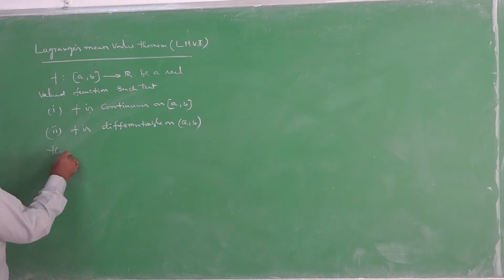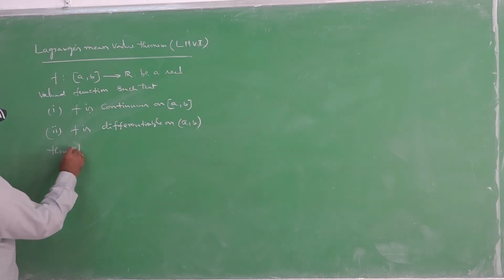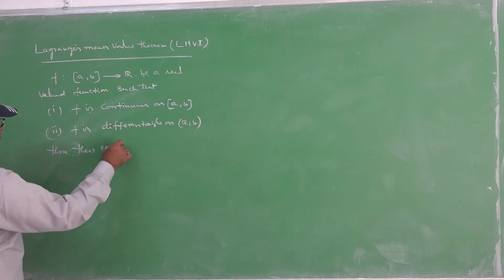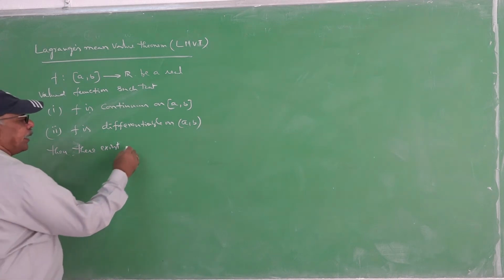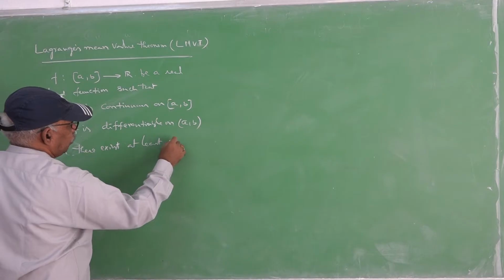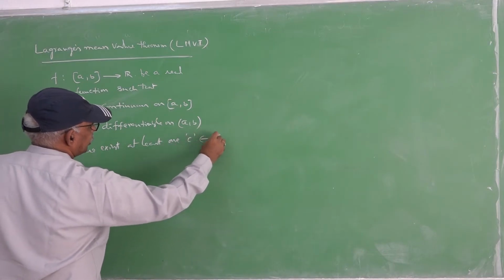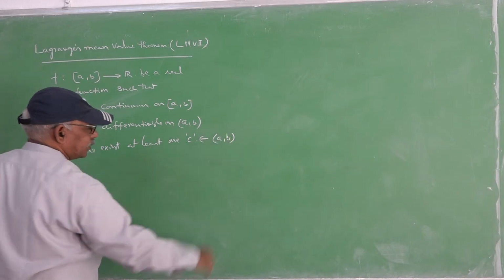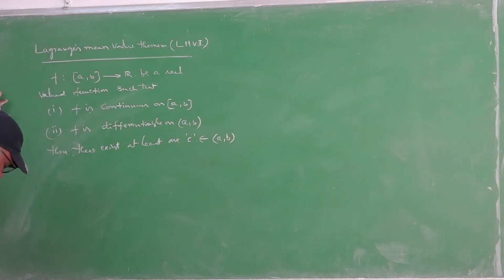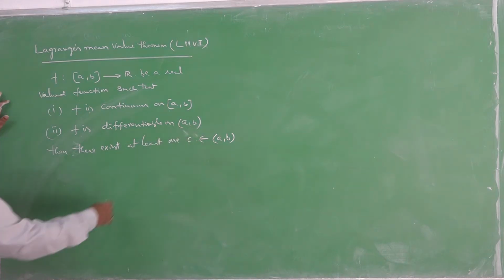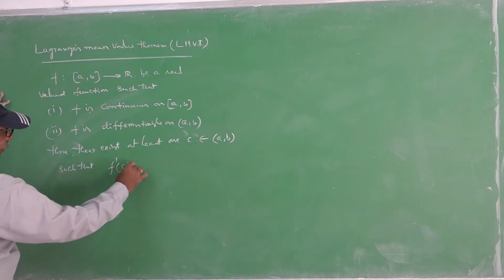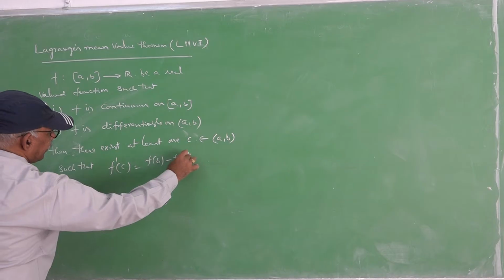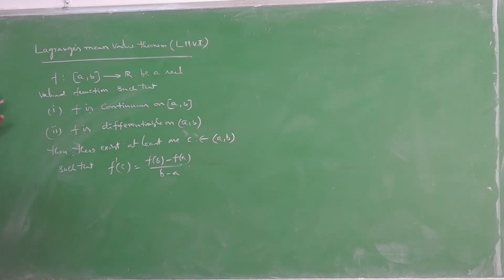Then by Lagrange's mean value theorem, there exists at least one c that belongs to (a, b), an intermediate value that lies between a and b, such that the derivative f dash c is equal to (f(b) minus f(a)) by (b minus a), provided b is not equal to a.